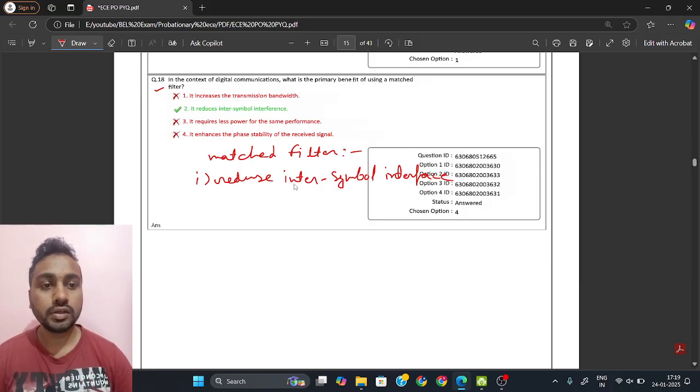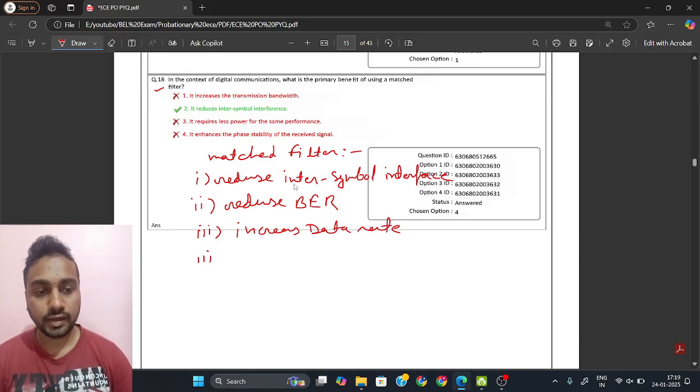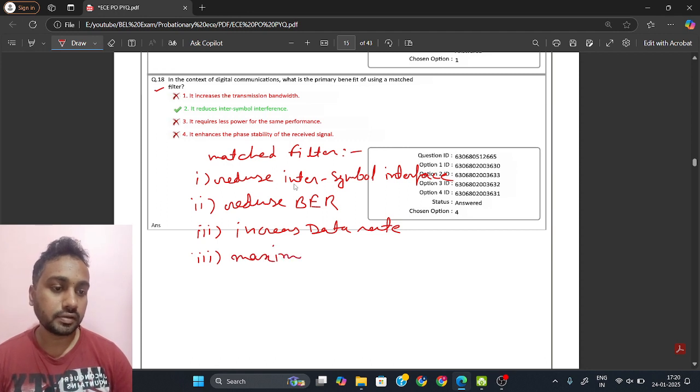It will also reduce BER, the bit error rate, it increases data rate, and it maximizes SNR.